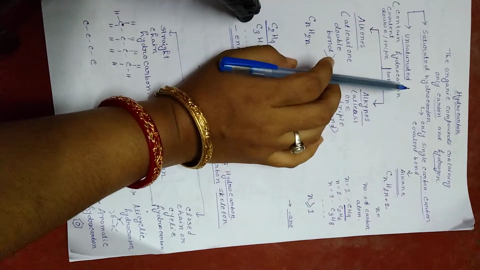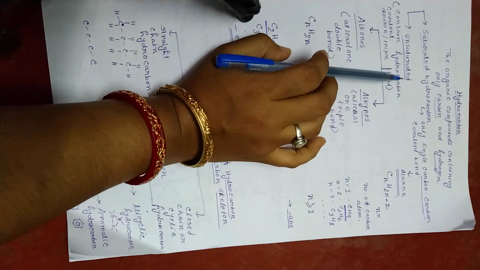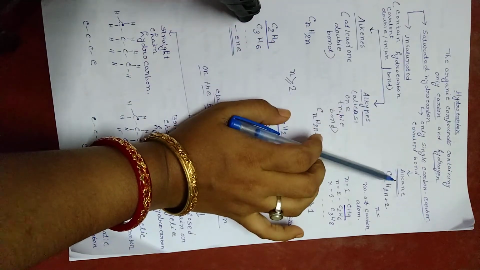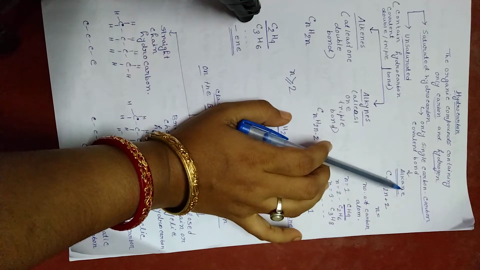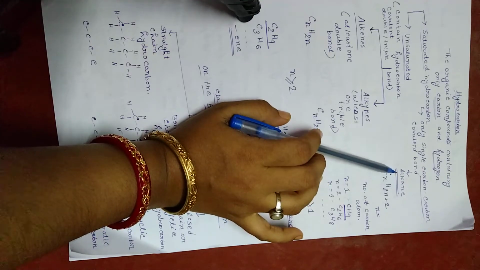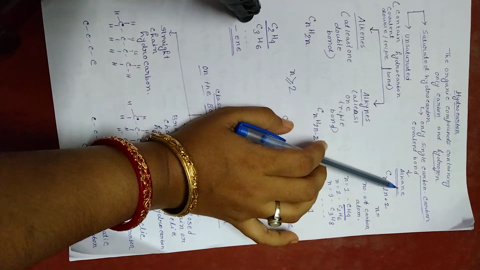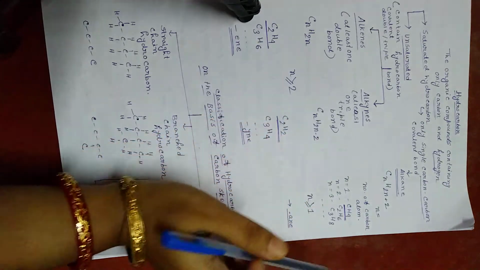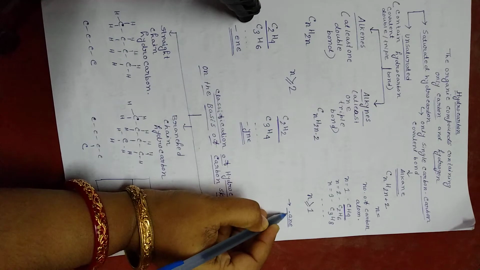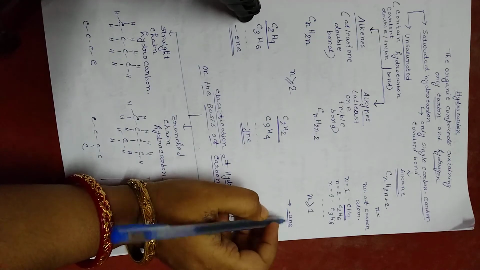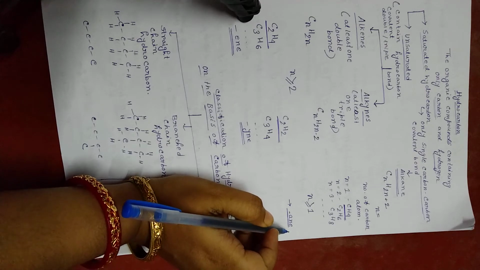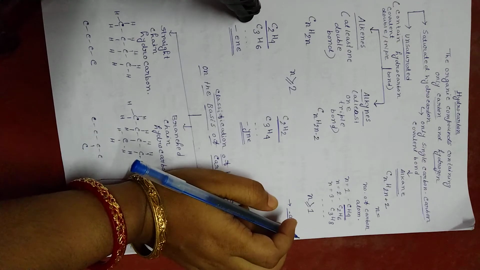Now, saturated hydrocarbons are called alkanes, and when we do the nomenclature, we can see that in case of alkanes, after the word root we use "ane" as a suffix. So what is the word root?